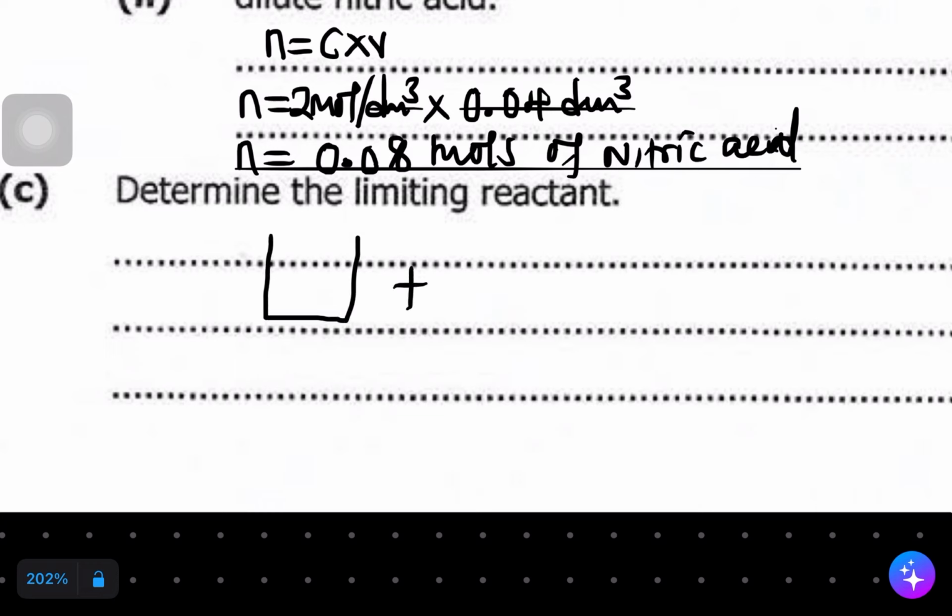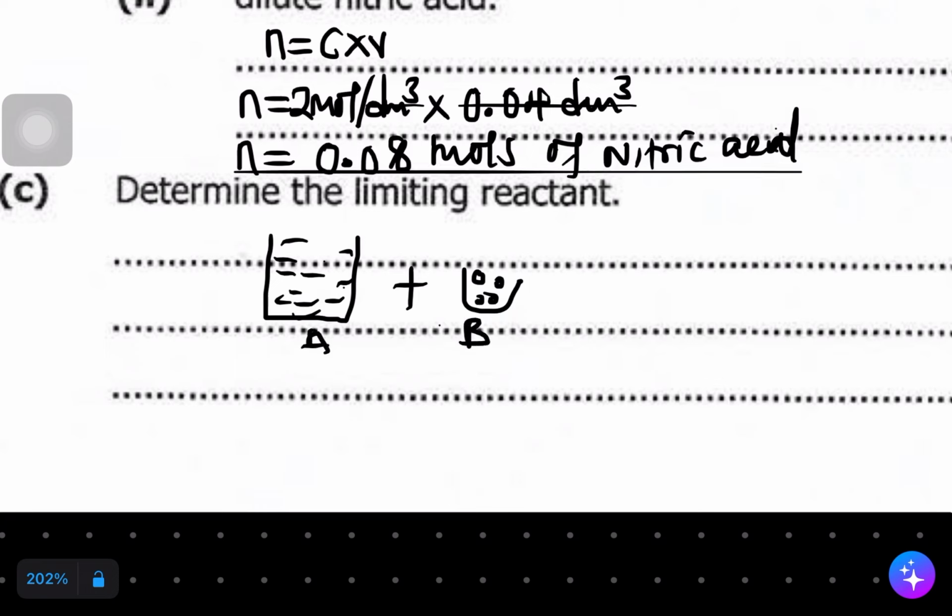Let's say, for example, you are cooking. These are reactants, and this is the volume of a substance. You have A and B as the reactants. If this reactant, when it is taken into this amount of volume, won't be enough to meet this volume, then this one will be limiting.